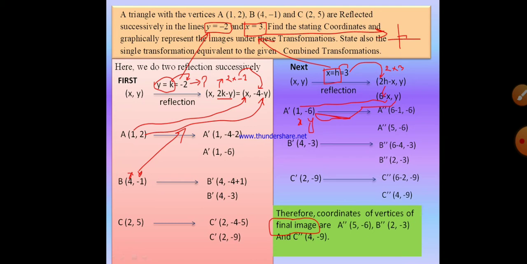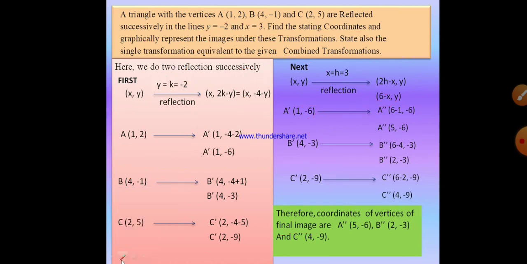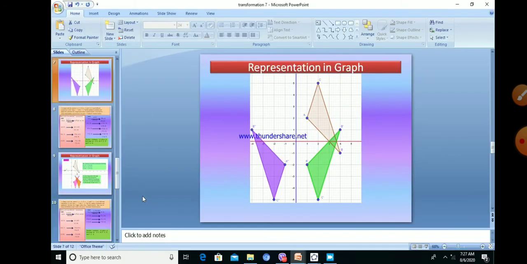So, finding the coordinates of the images, that part is done in these slides. Now we'll talk about the other two remaining parts. One is its graphical representation, and another is what could be the single transformation equivalent to this combined transformation. For this, I'll display the formation of the image from GeoGebra.